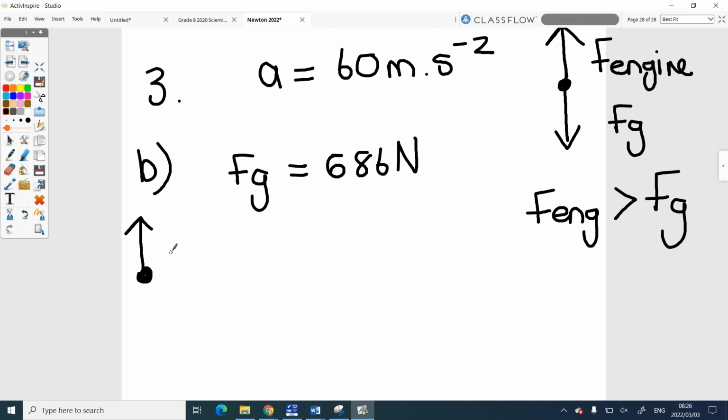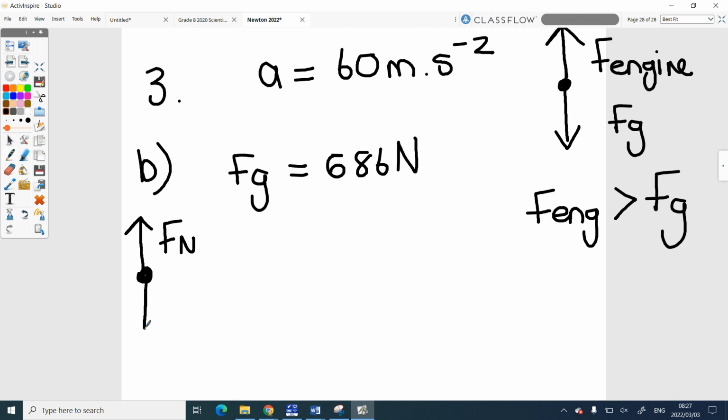Well, the rocket's engine, but the engine isn't acting on him directly. So what is acting on him? Would it be F chair? Because he's most likely sitting in a chair. You can call it F chair if you want. It could be F normal, because whether it's a chair or a floor or whatever, F normal is pushing this guy up.